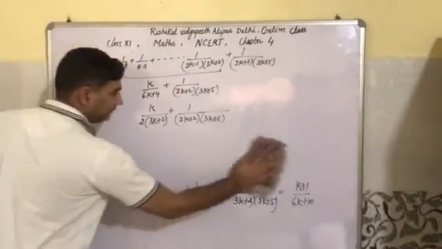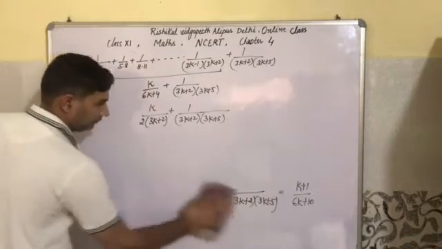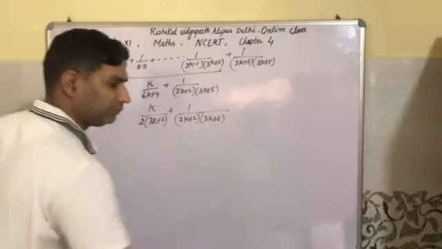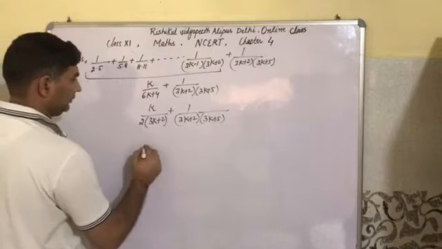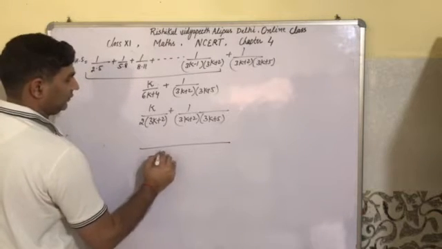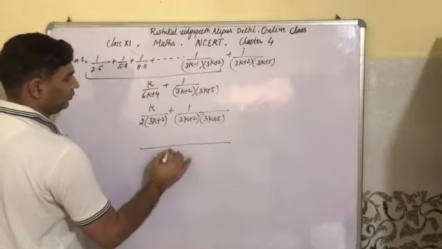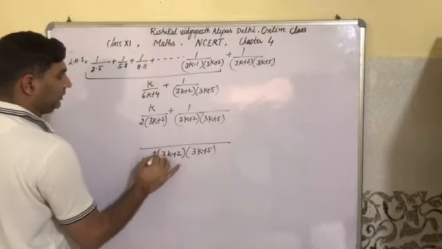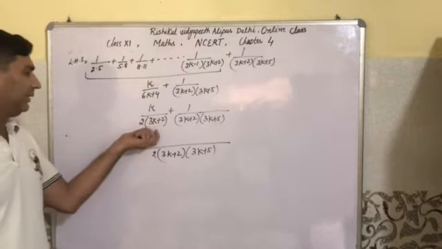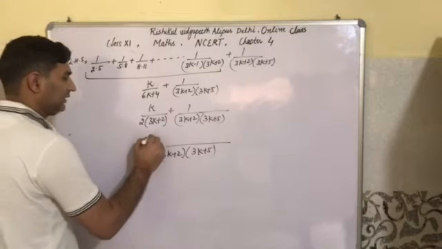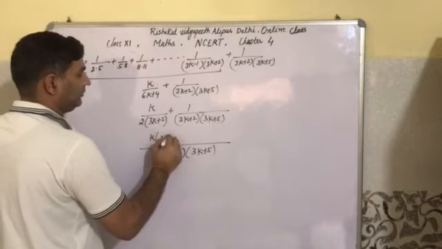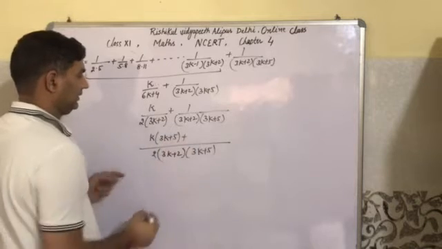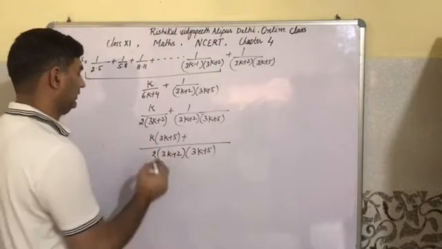Taking LCM, it is 2(3k+2)(3k+5). This complete divided by this: k(3k+5) plus the other term, and this term is 2.